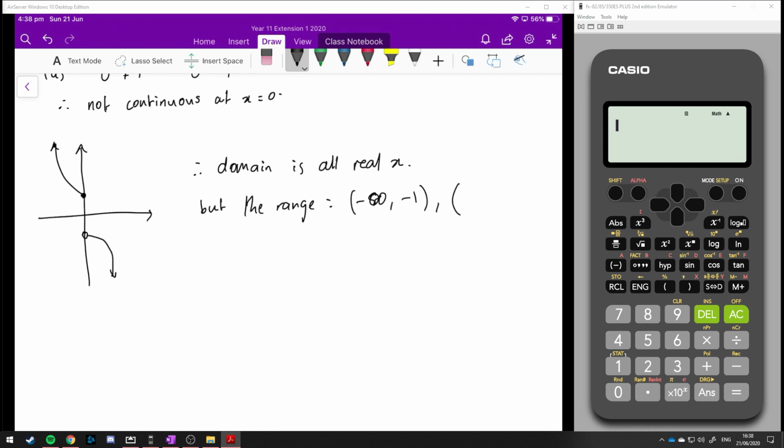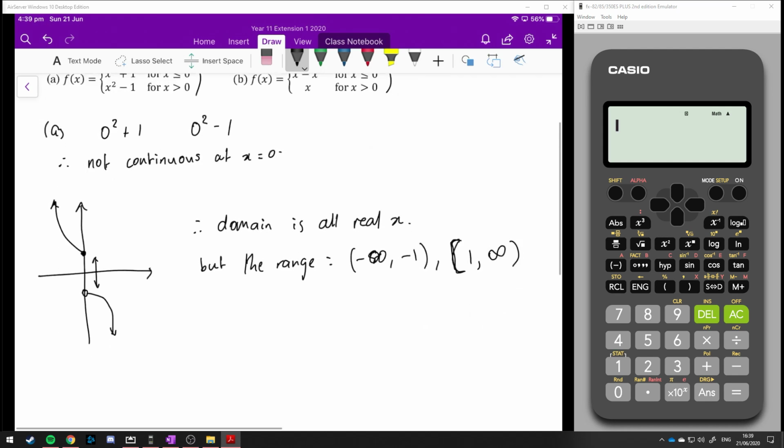And then we are going to include the 1, and then it's going to go on to infinity up that way. So basically we've got this gap in the middle where the range doesn't exist. In other words, the range is all real y except between negative 1 and 1, not including the negative 1. Okay, that's part A.